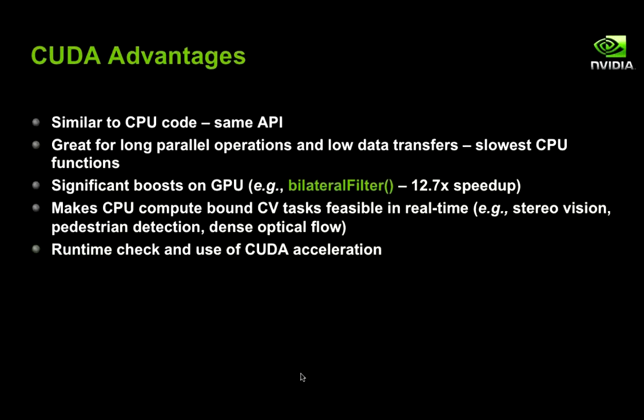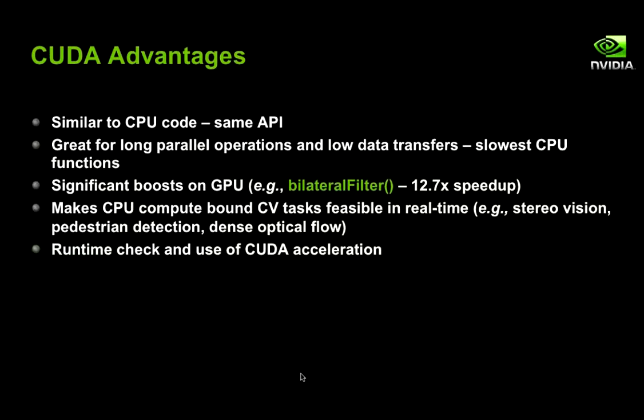The other advantage is that there are certain OpenCV or computer vision functions that are inherently very parallel, in the sense that they require applying the same operation over and over to many different pixels in the image. So the CUDA module tends to be really good for functions that are highly parallelizable, consist of long parallel operations, and do not have as much data transfer back and forth between the CPU and the GPU.